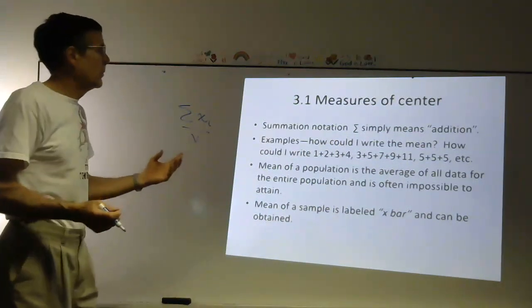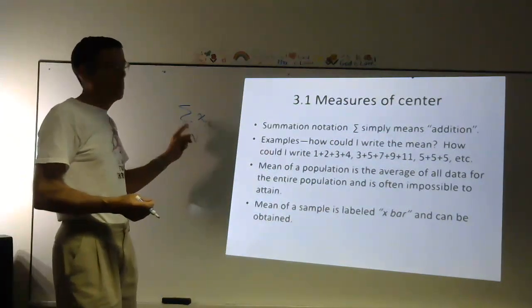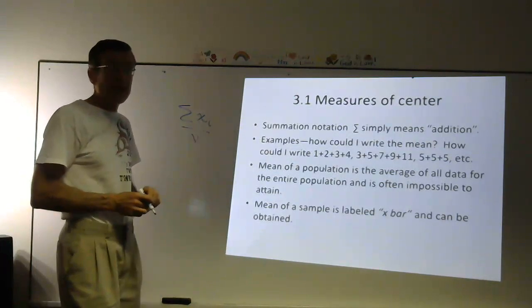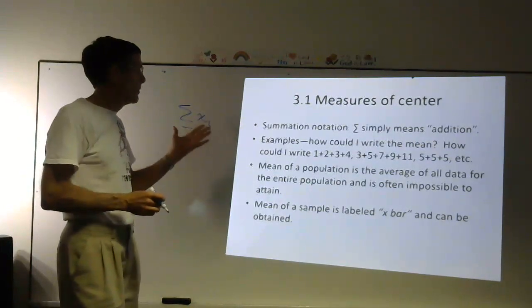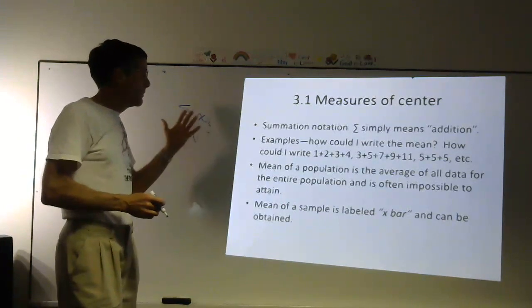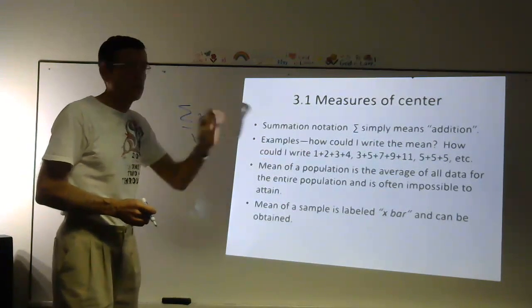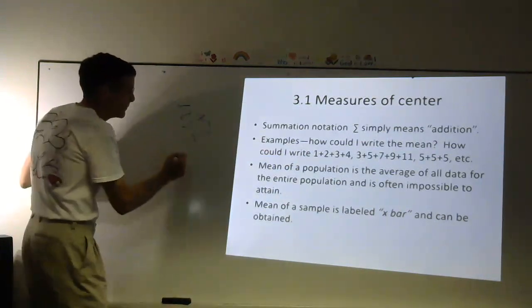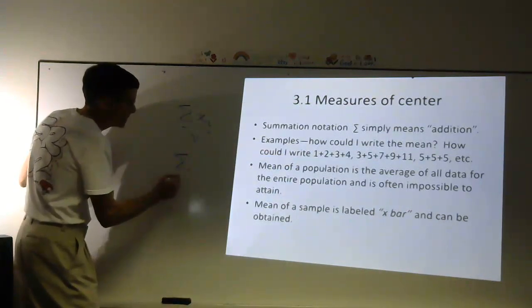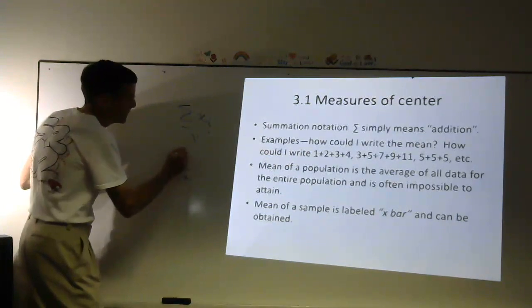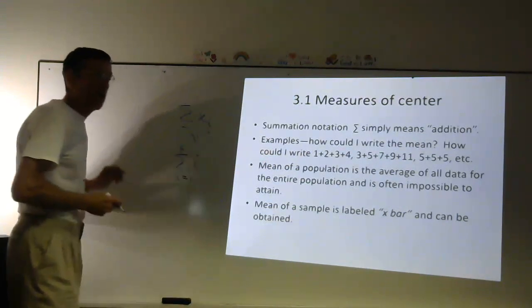I do want to make a point here that he somewhat uses the notation incorrectly. He doesn't go to all the work as to write it correctly. Like for instance, if you wanted to write 1 plus 2 plus 3 plus 4 correctly, you would have to do it this way. Summation i equals 1 to 4 of i.